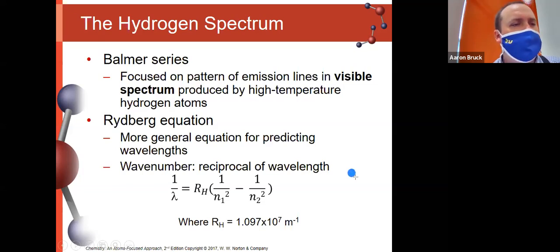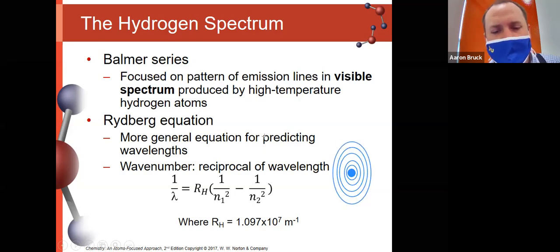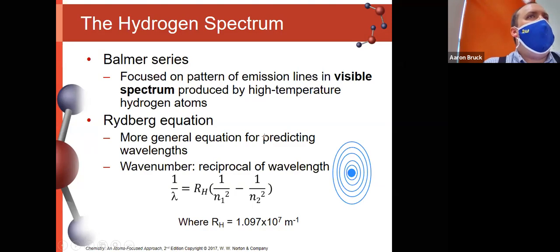So there I've got my nucleus, and around that nucleus I've got these energy levels, kind of like orbits around the sun. This is one of the early influences of the Bohr model of the atom, the planetary model.